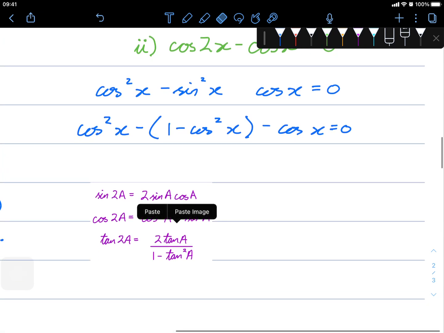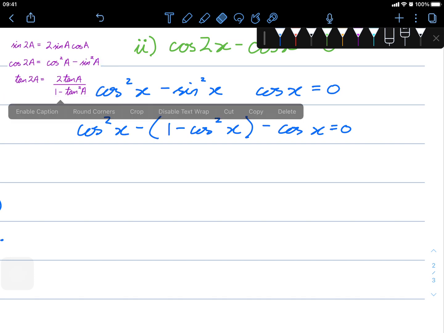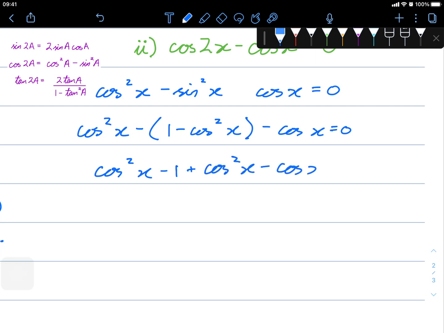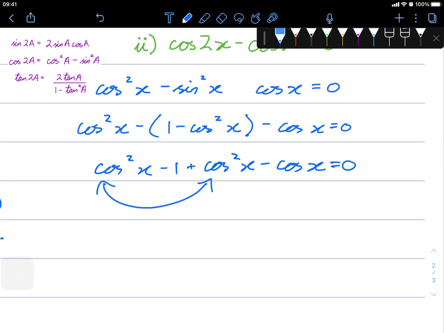Continuing this, let's move this out of the way. Let's expand this. We get cos squared x minus 1. Expanding that, we get plus cos squared x minus cos. These two are like terms.